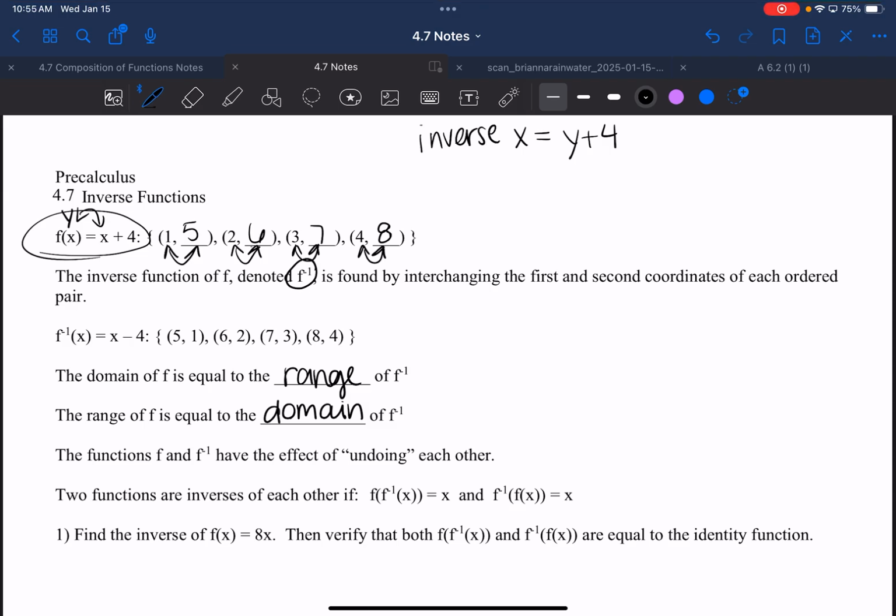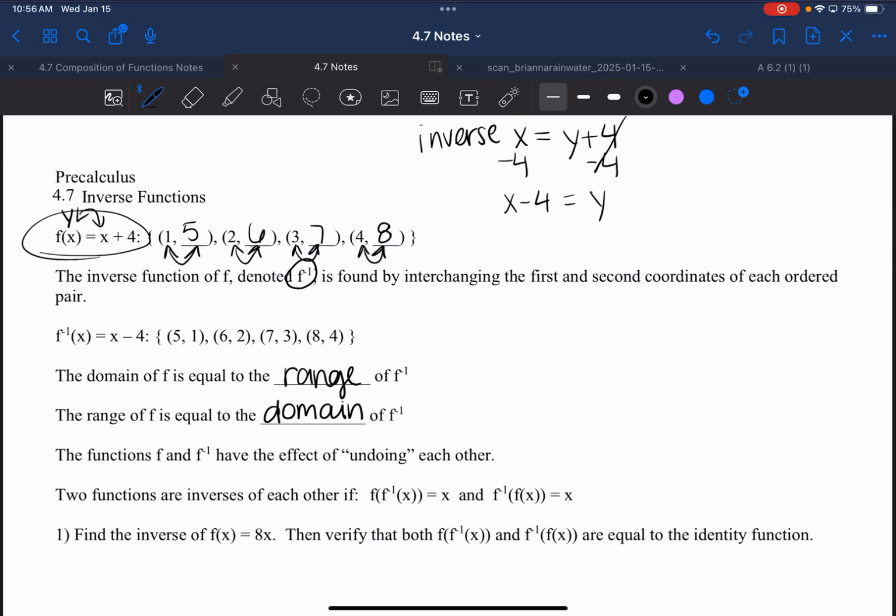Okay, so this would be the inverse function. However, we don't typically like to see our equation as x equals. We like to see it as y equals, right? So I would want to solve the equation for y, get y by itself so that it's in the correct form. So what would I do to get the y by itself here? Subtract 4. So I'd have x minus 4 equals y.